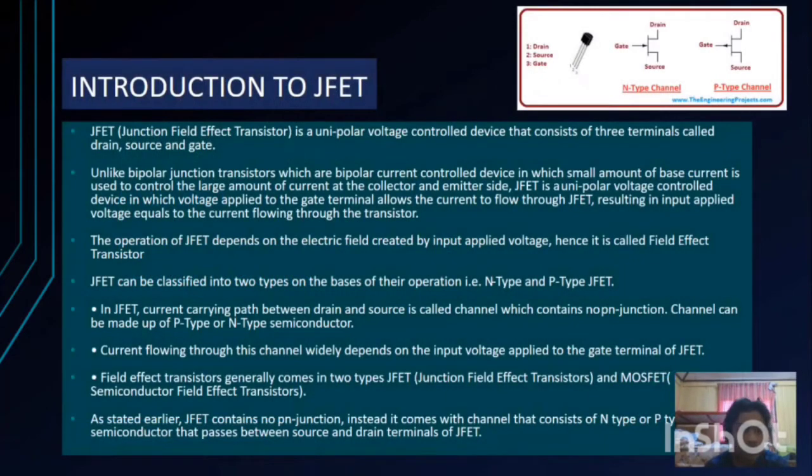A junction field effect transistor is a unipolar voltage-controlled device that consists of three terminals called the drain, source, and gate.